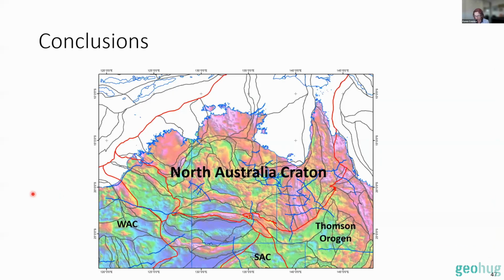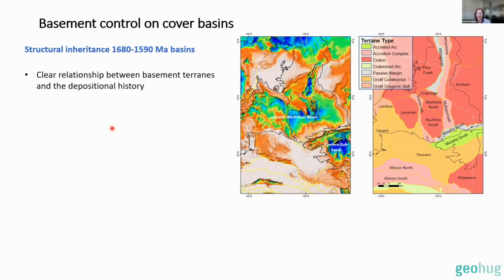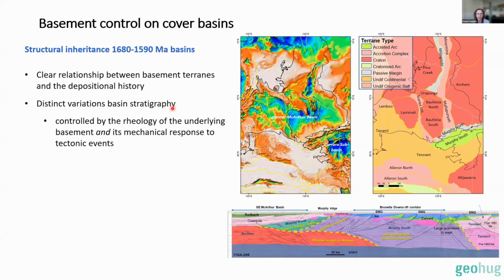Now, there we go, wrapping up. Looking back to the Pine Creek and Arnhem Cratons, we see here in the north, we have a clear relationship between the basement terrains and the depositional history. We see very distinct variations in the basin stratigraphy when we look in detail through here, and there's a bit more detail in the CABS paper.